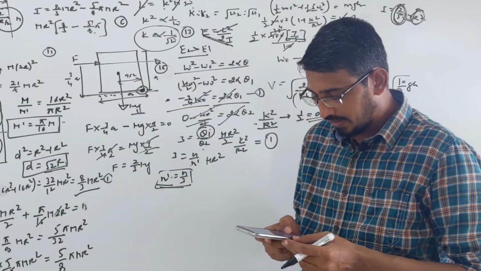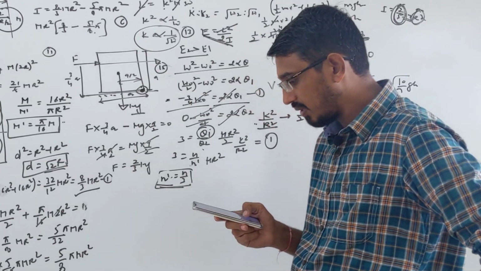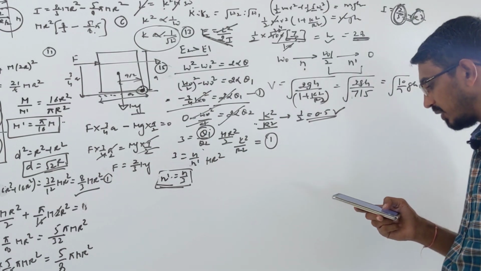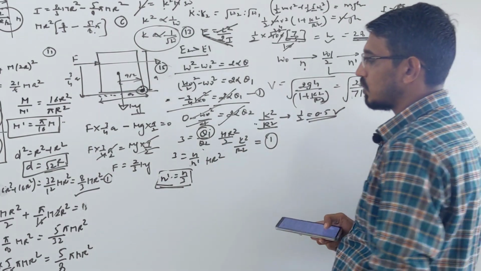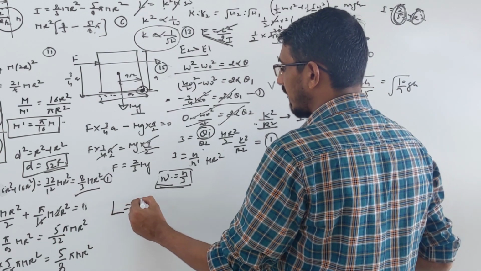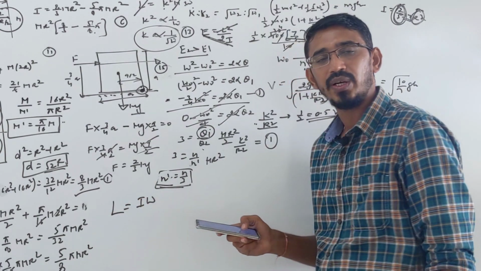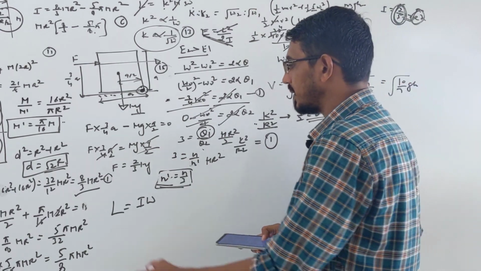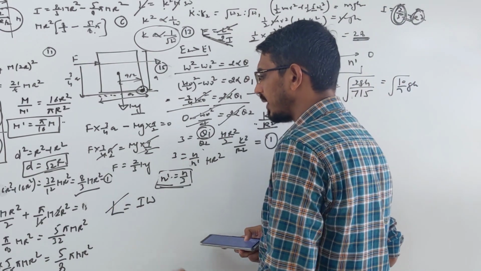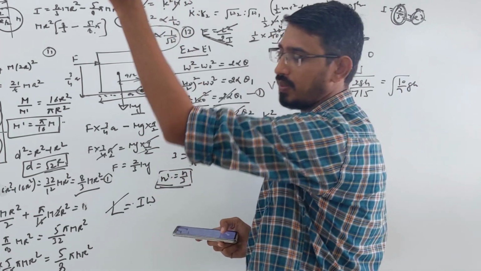Second option. 19th question: if the radius of the earth suddenly contracts to half of its present value, then the duration of the day will be what? This question was already solved in the theory question. When the earth shrinks, angular momentum I omega does not change. If you want to find time, you find omega. If this remains constant, then inertia and angular velocity are inversely proportional.